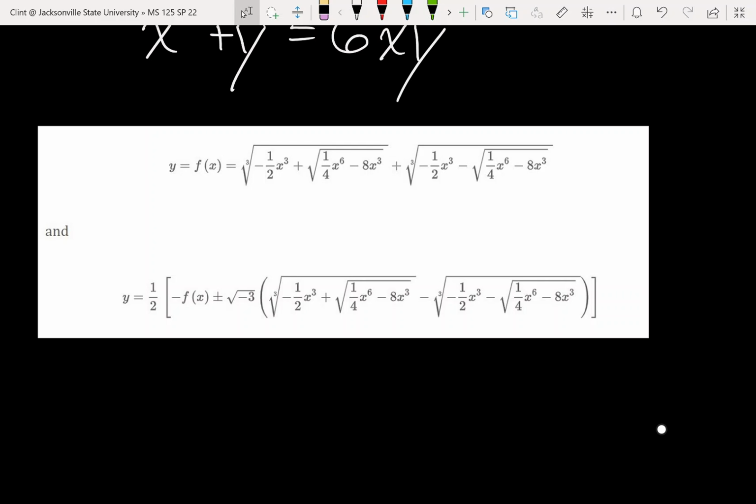So here's one solution. You got those radicals under a radical, square root under square root, and then our other 2 come from here because we have a plus minus there. That would be our general solutions to that one.